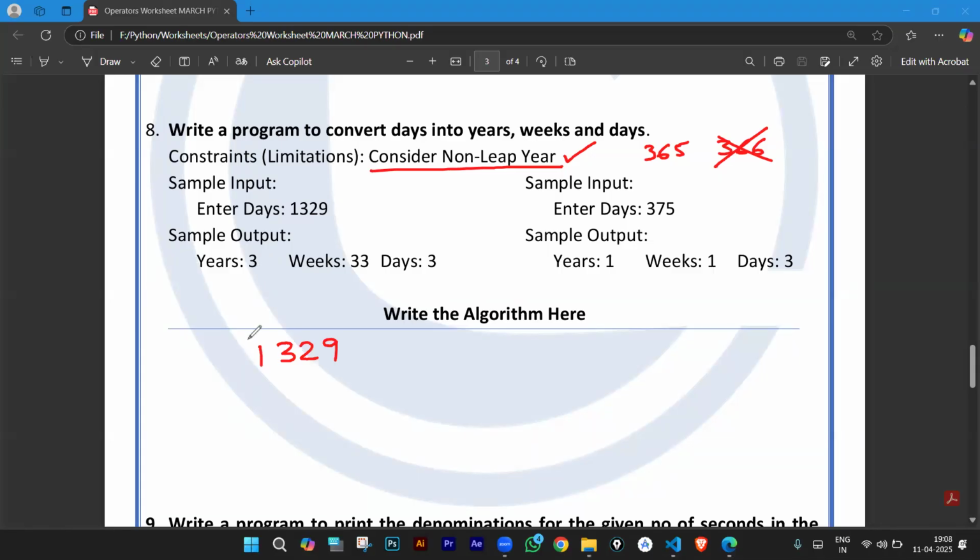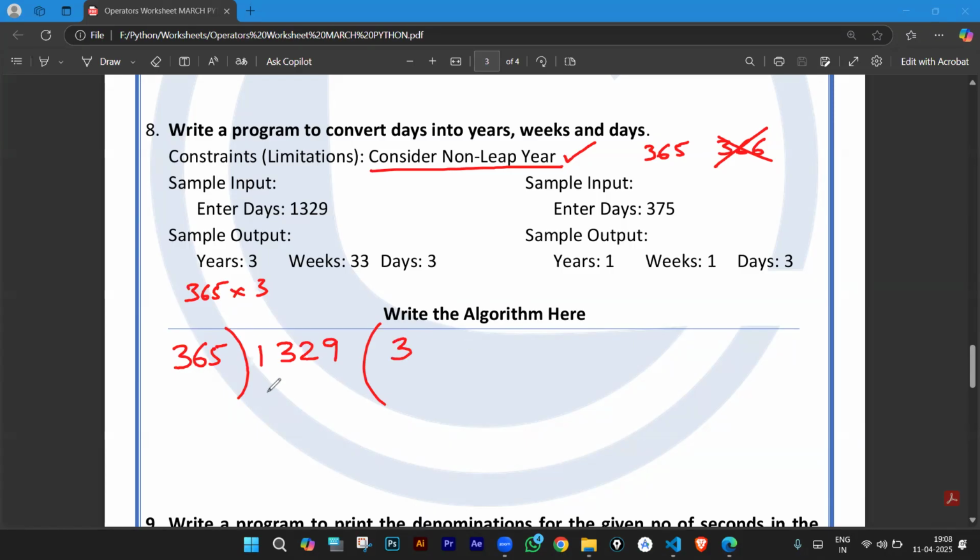We have 3 years. Instead of multiplying 365 with 3, which is very difficult, we can do the opposite. We can do division. I'll divide 1329 by 365. What is it going to give me? It will go with 3.